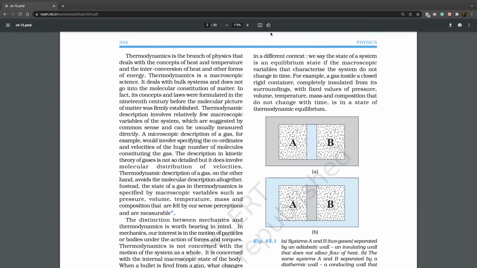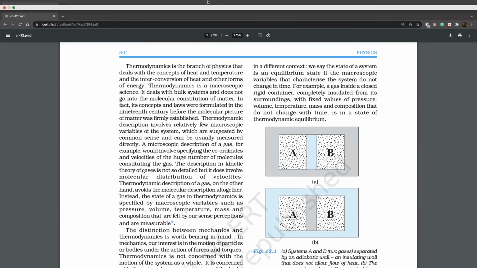We say that the state of a system is an equilibrium state if the macroscopic variables... Here, what does macroscopic mean? Anyone? Does anyone know the meaning of macroscopic?